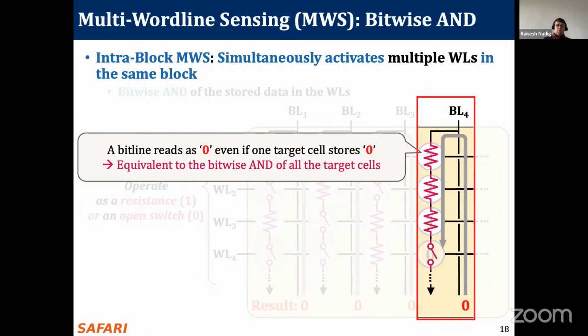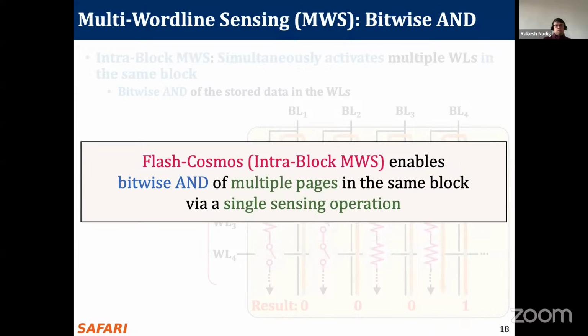This is another case of the bitwise AND logic, where even if there is a single 0 in the operands, we get a 0 as the result. So this is a simple explanation of intra-block MWS. Intra-block MWS enables bitwise AND of multiple pages in the same block using a single sensing operation.